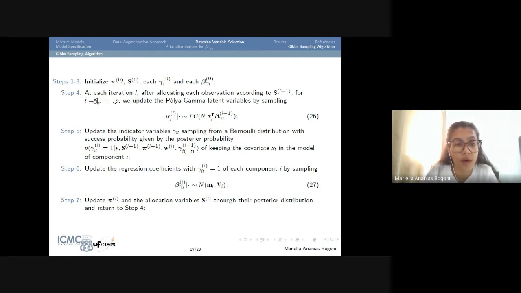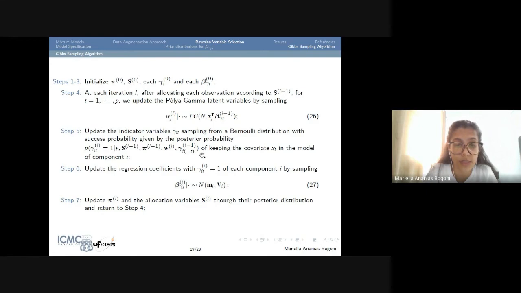At step 4, after allocating each observation according to the vector S, we can update the Pólya-Gamma latent variables by their posterior distribution. And before we update the regression coefficients, we update the indicator variables gamma it through its posterior distribution given by this expression.